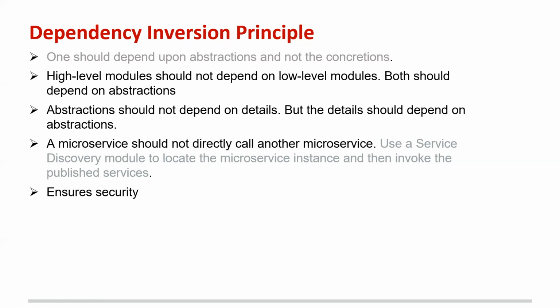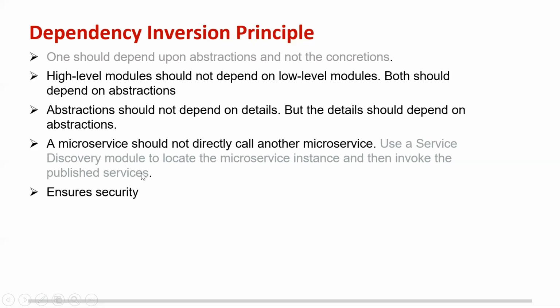They don't need to know the internal logic. So how can we attain this? We can define some higher level modules and lower level modules. Higher level modules will define the abstraction and the lower level modules will define the concrete implementation of the abstraction. And the service can be exposed through the higher level modules.